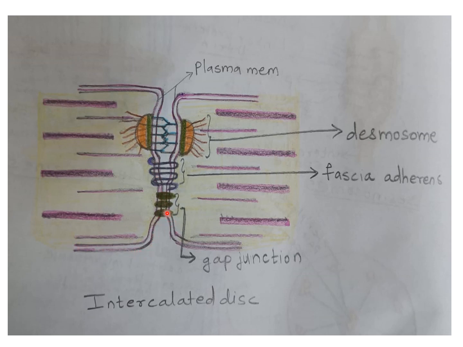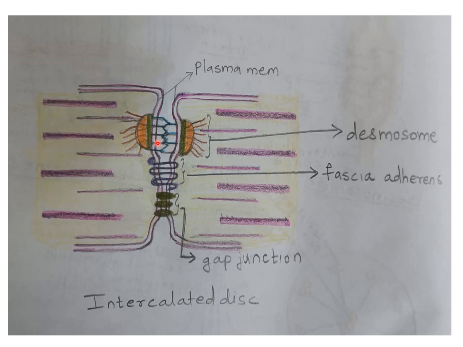The space between the two plasma membranes is forming a cell junctional complex here, and it is known as intercalated disc. This intercalated disc is nothing but a complex structure that connects the adjacent cardiac muscle cells, and three types of cell junctions make the intercalated disc.